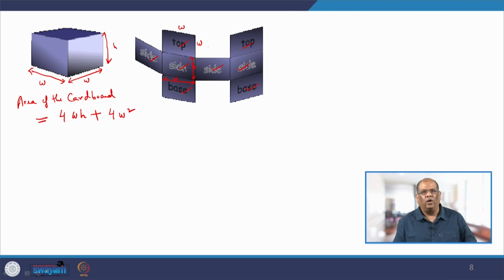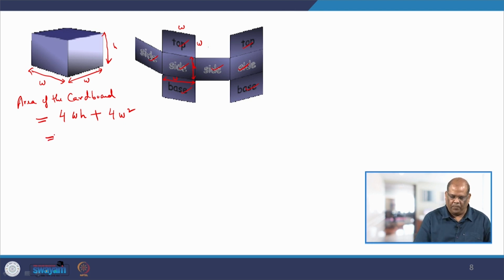That we will be requiring to create this cardboard box, which can hold 30 centimeter cube of space. Now, I already have H in terms of W. So, I will replace this.